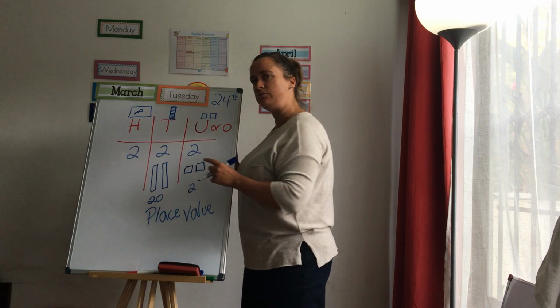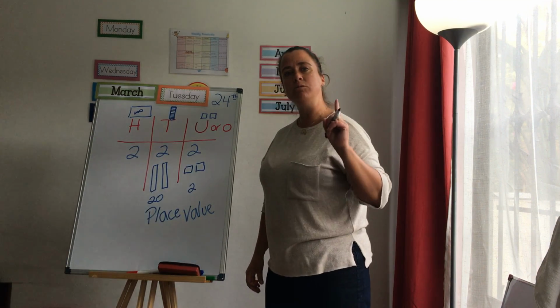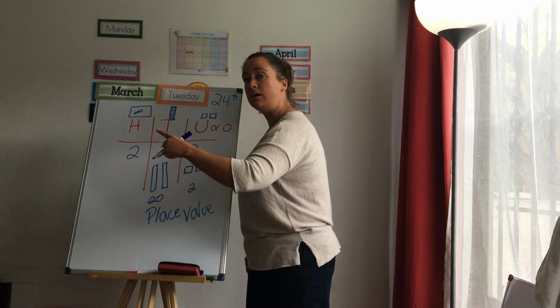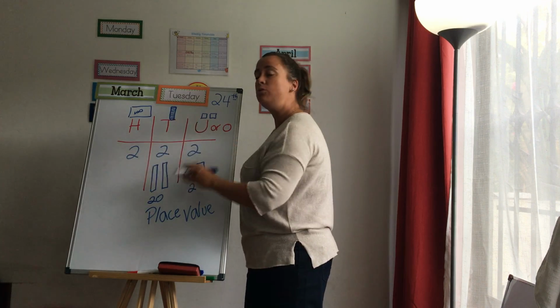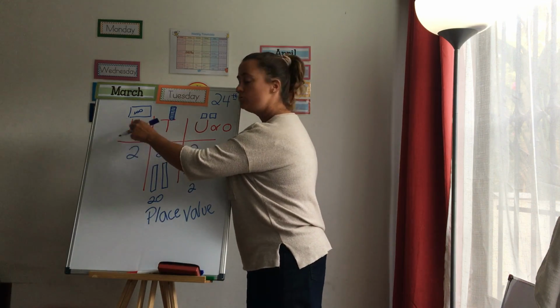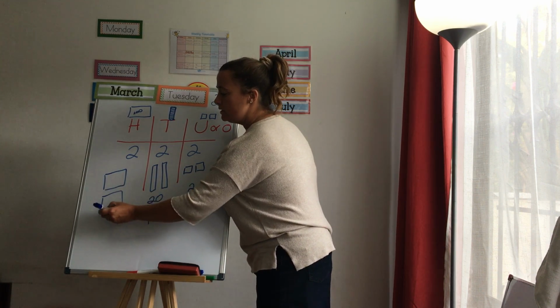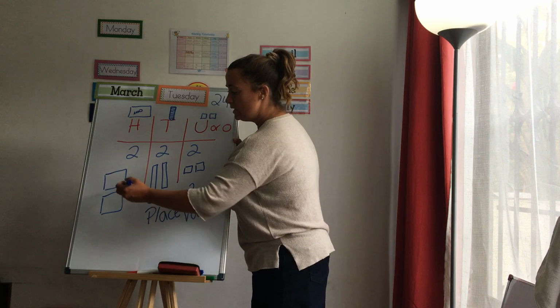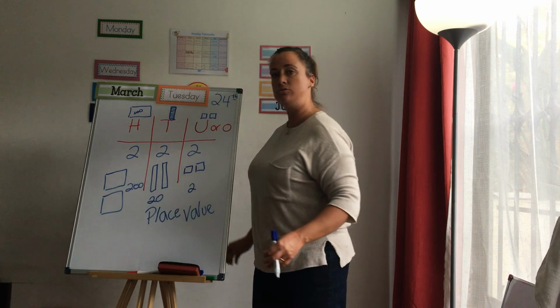And how many hundreds do we need? 200. Remember that Miss Kim always said, the answers are here. Read them, look for them, because they're always here. 200. So we need 2 big ones of these that are the same as 200.